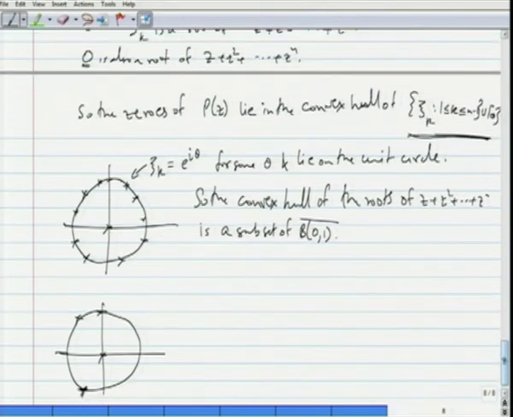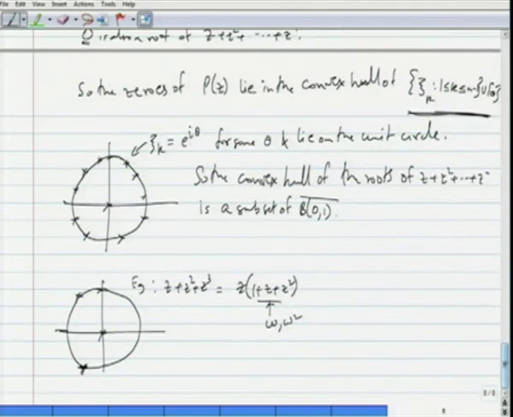So, this is an example, z plus z squared plus z cube when n is equal to 3, this is z times 1 plus z plus z squared. The roots of these are omega and omega squared, okay, the cube roots of unity, which are here and here, okay, and then you have 0 itself, which is the root here. So, the convex hull is going to be this triangular region. Okay. So, this is an example.